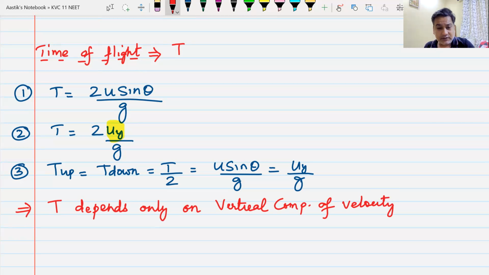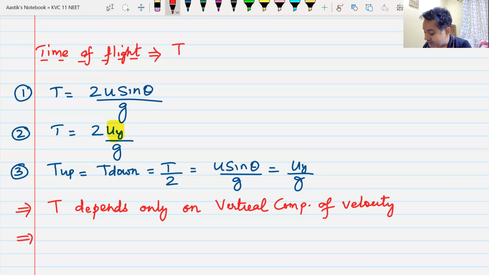If you keep the vertical component of the velocity the same, time of flight will be the same. Do we understand this? Time of flight does not depend on the horizontal component, it only depends on the vertical component.